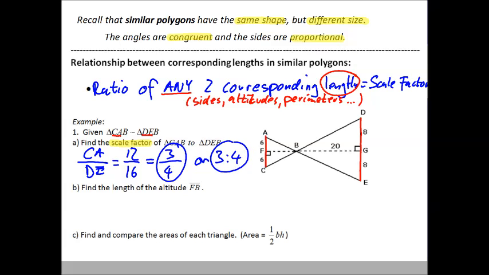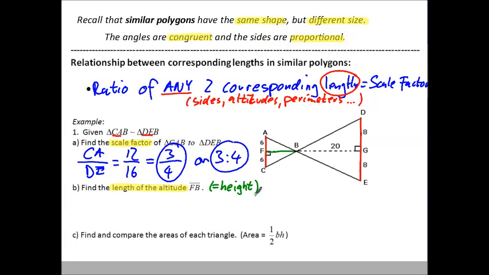Next, we're supposed to find the length of the altitude FB. Now, what is altitude? Altitude FB, we are talking about this segment here. Altitude is another word for height, and the height is the side which is perpendicular to the base of a triangle.